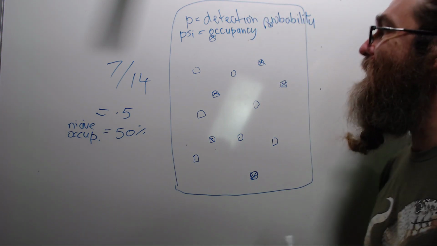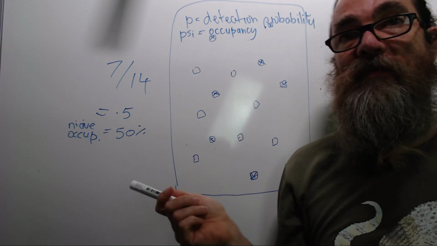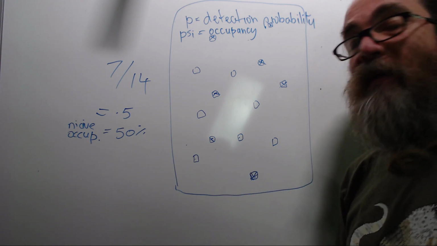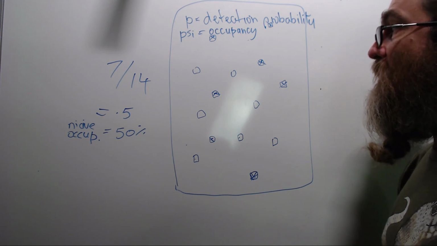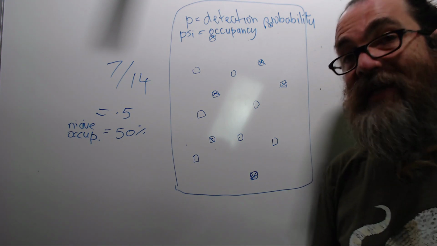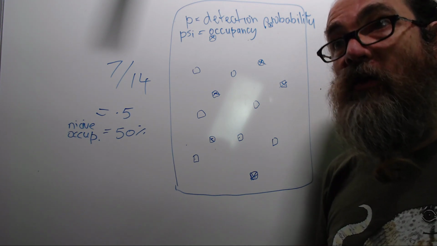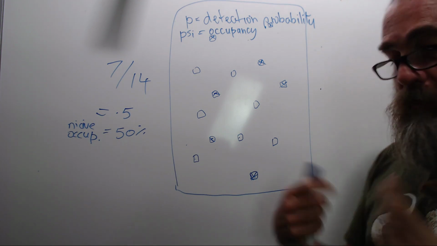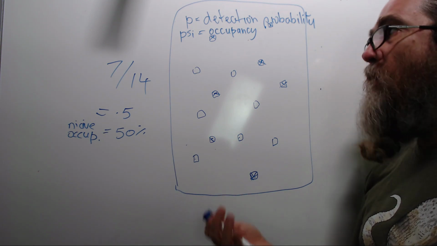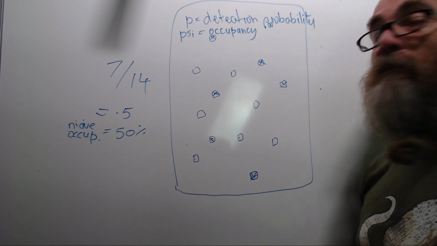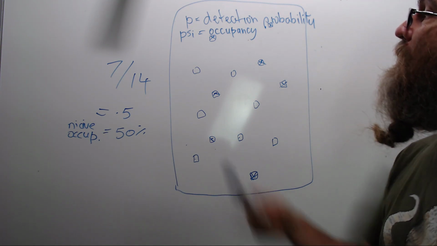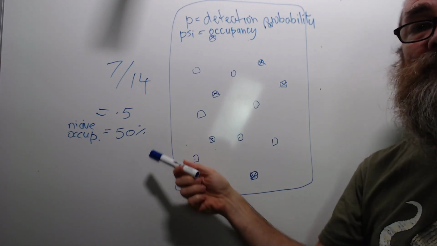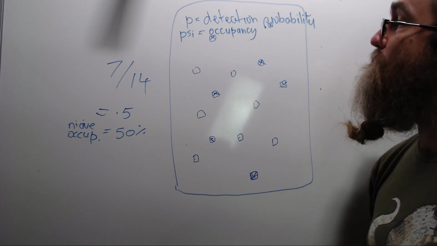A detection probability isn't the chance of seeing or the chance of finding an animal, although that's partly the explanation. What it is the chance of detecting an animal if they occur there. And, as I think we can all intuit, given that we have imperfect detection probability, occupancy is going to be higher than purely how many sites we found it at.